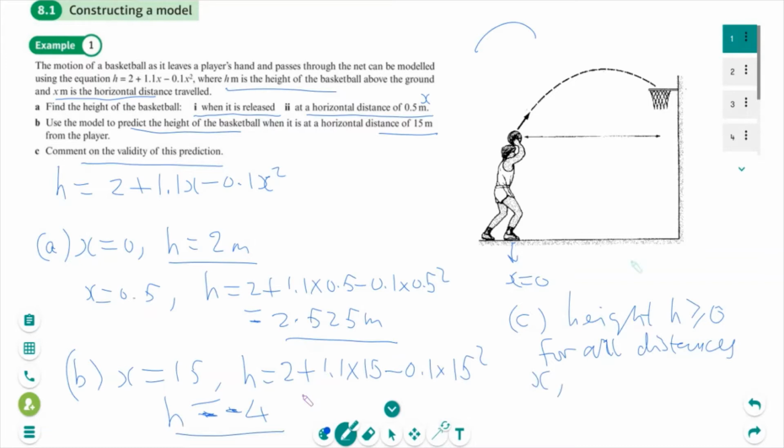So since h equals minus 4, the model is not valid for x equal to 15. You get a silly answer.